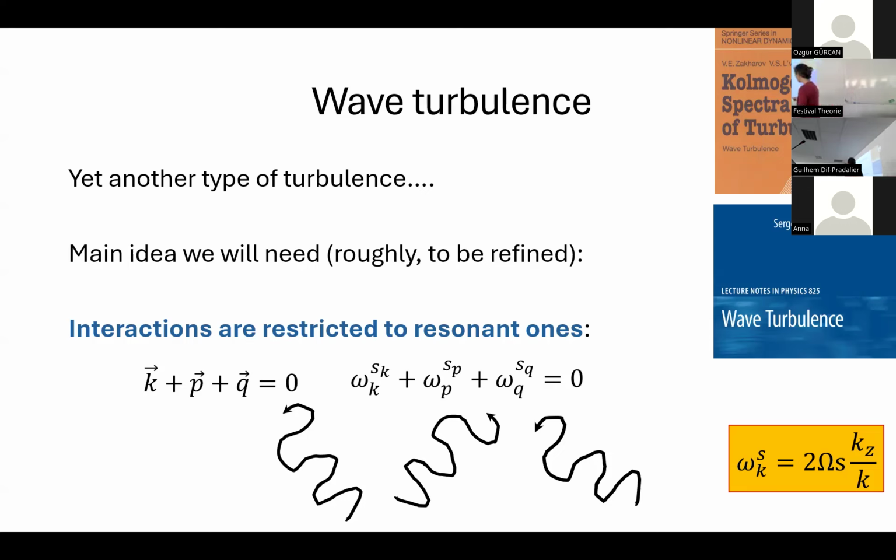So that means that when this is not satisfied, we expect that the interactions between the modes would not exist. So interactions are restricted to resonant ones. And I guess you know this also from class this week.